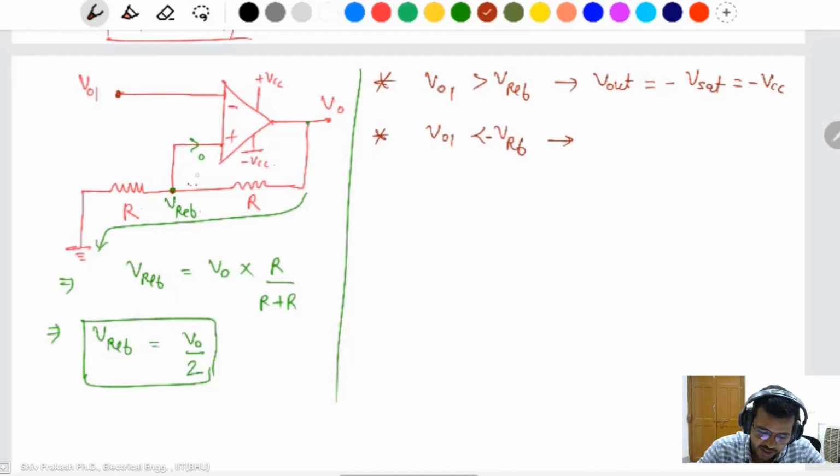Then the positive terminal of the op-amp is at a higher potential, and plus VCC comes out at the output, plus V saturation, plus VCC.